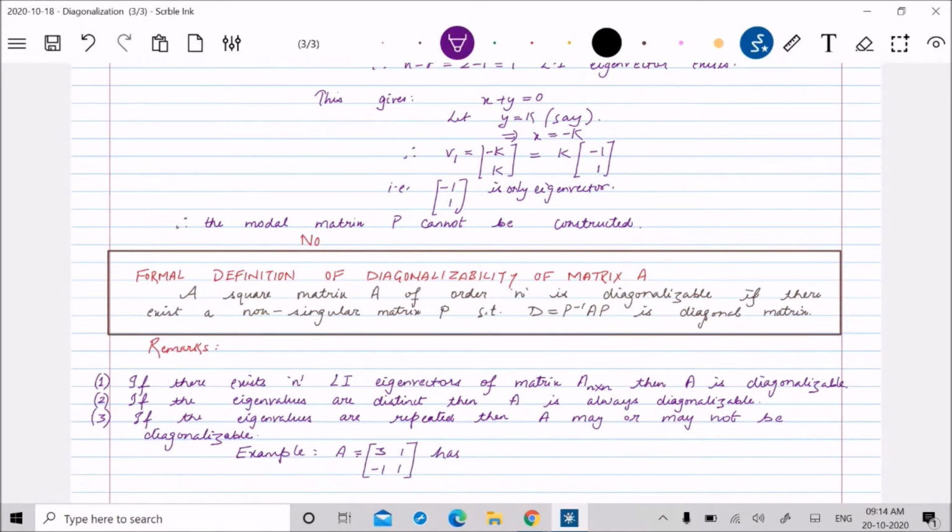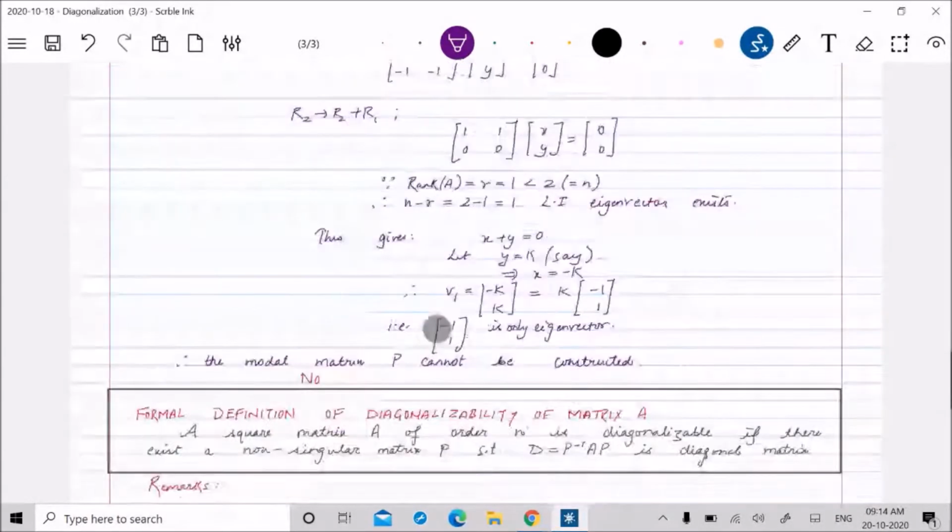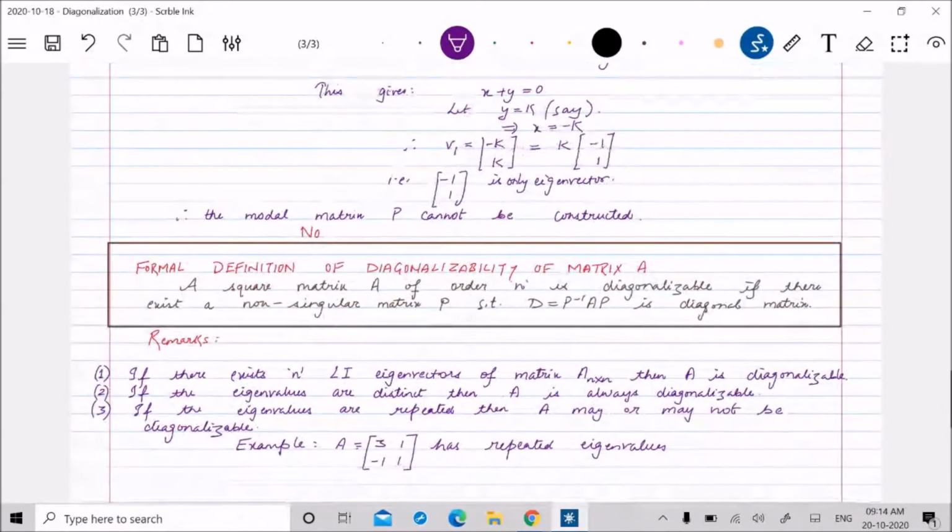It has repeated eigenvalues, and those were, I think, 2, 2 and 2, and it is not diagonalizable, right? So this was an example of a repeated eigenvalue matrix which was not diagonalizable.